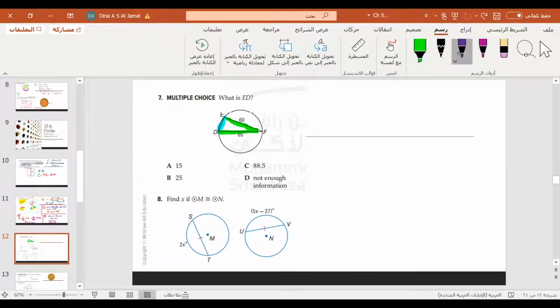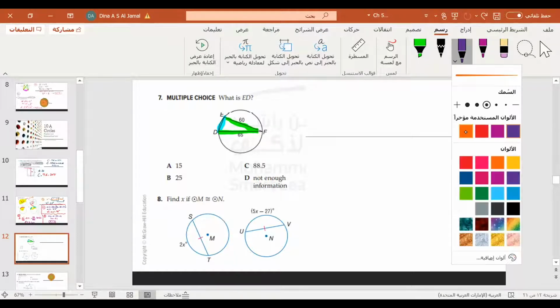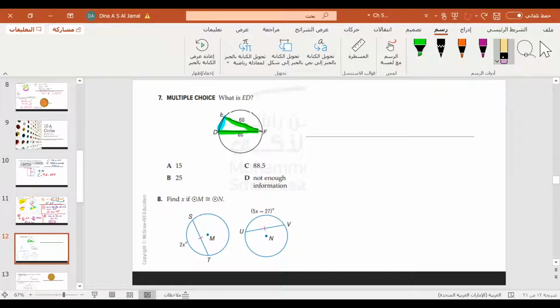Now maybe some of you will be thinking that this is a semicircle. But how did you know? Do you have a proof? Did the question show you that this segment is passing through the center? You don't know. You are not sure. That means for this question, there is not enough information.